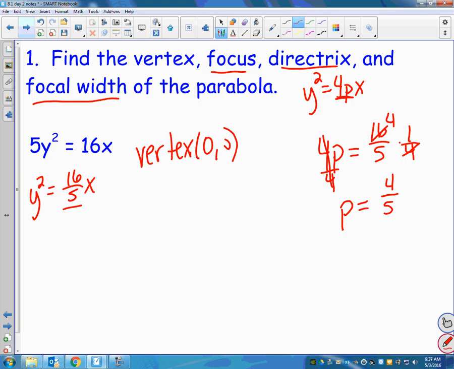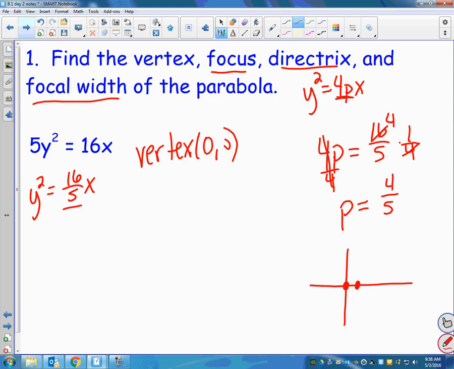If it helps, make a sketch of the graph. It doesn't have to be perfect, but because y is squared and x isn't, I know that this one's opening side to side. It's starting at (0, 0). And my focus is going to be p units away from that, right? So the focus is going to be in here.